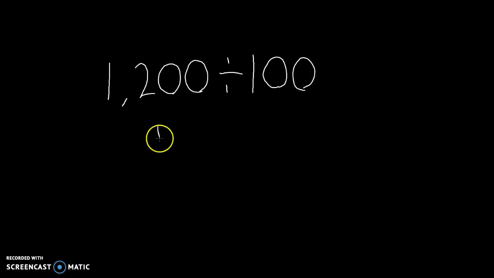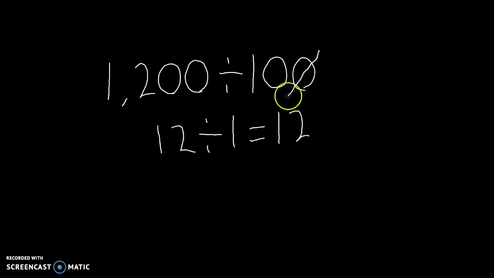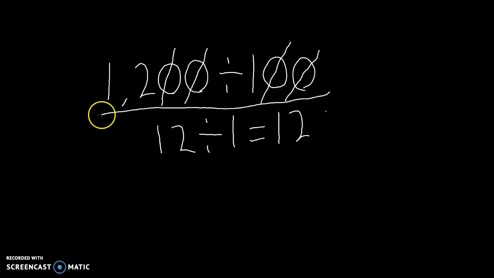So what you're going to do is you're going to take 12 divided by 1, which equals 12. We did 12 divided by 1 because the 1 and the 2 in the 1,200 are not zeros, just like the 1 in the 100 isn't a 0. Now we're taking all the zeros out of the second number. And since we took out 2 zeros in the second number, we're also going to take out 2 zeros in the first number. There are no more zeros to put back into the second number on the bottom. So 1,200 divided by 100 equals 12.